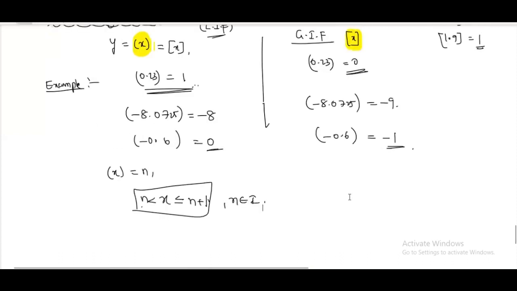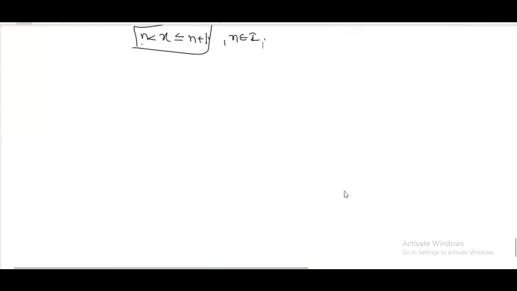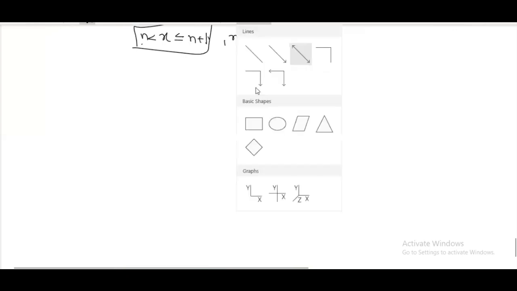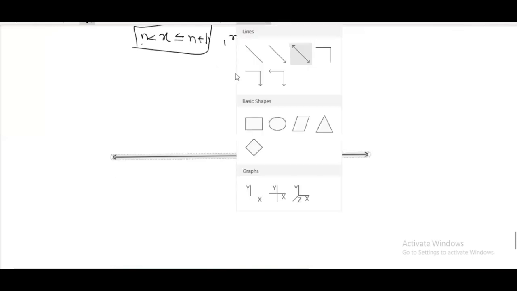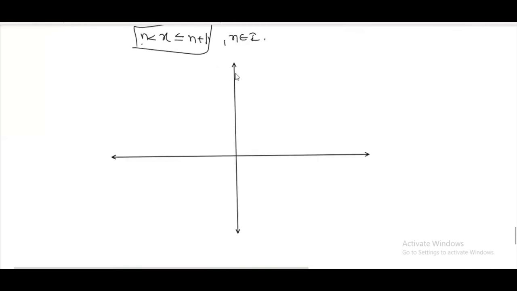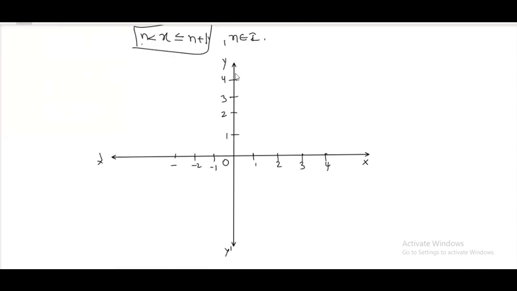How will the graph of the least integer function look? If I take the coordinate axes, let's think this is the x-axis and this is the y-axis. Let's think this is 0, then 1, 2, 3, 4, and 1, 2, 3, 4, and minus 1, minus 2, minus 3, minus 4.